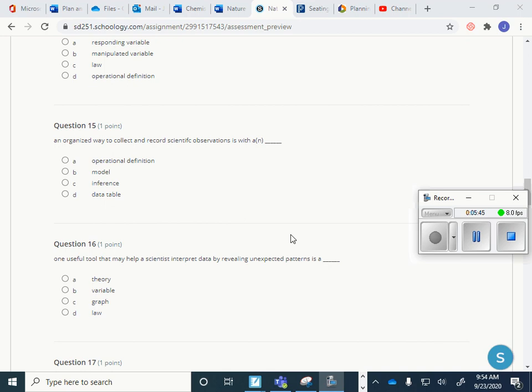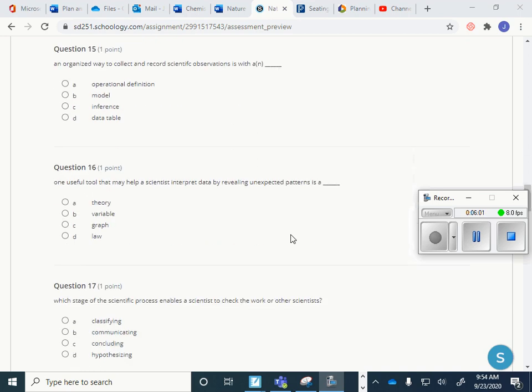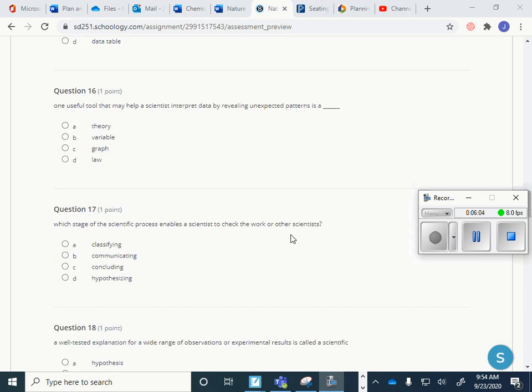An organized way to collect and record scientific observations is with either A, an operational definition, B, a model, C, an inference, or D, a data table.